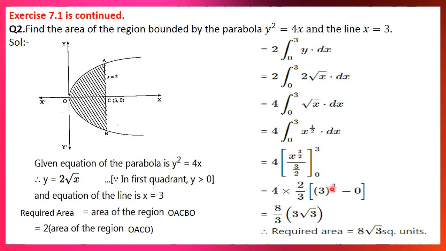So 3 raised to 3 by 2 is 3 root 3, that is 3 raised to 1 by 2 whole raised to 3. 3 raised to 1 by 2 is root 3, so root 3 into root 3 into root 3 is 3 root 3. So 3 can be cancelled here. Then the required area will be 8 root 3 square units.